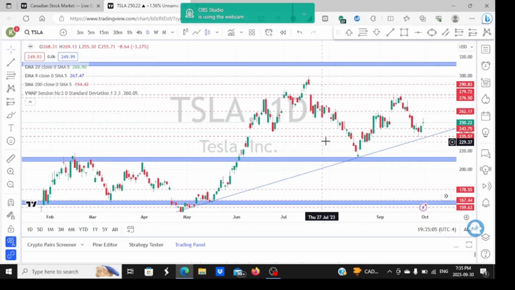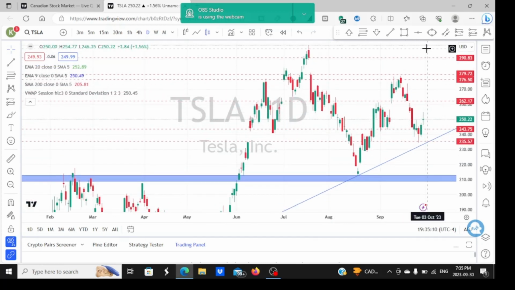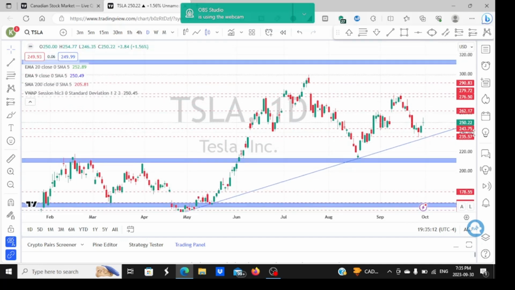sellers again. So here we are at the top range of Tesla. In the 300 zone is a strong seller's haven. The sellers are in control here. So you see on Wednesday, July 19th, it gapped down on Thursday.